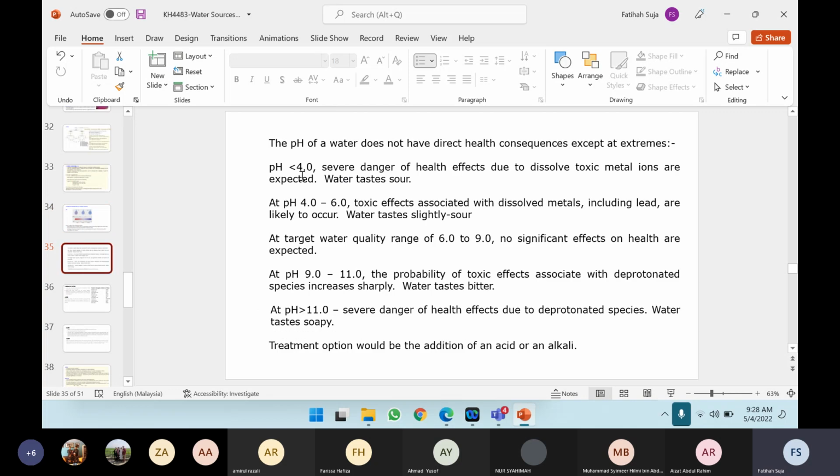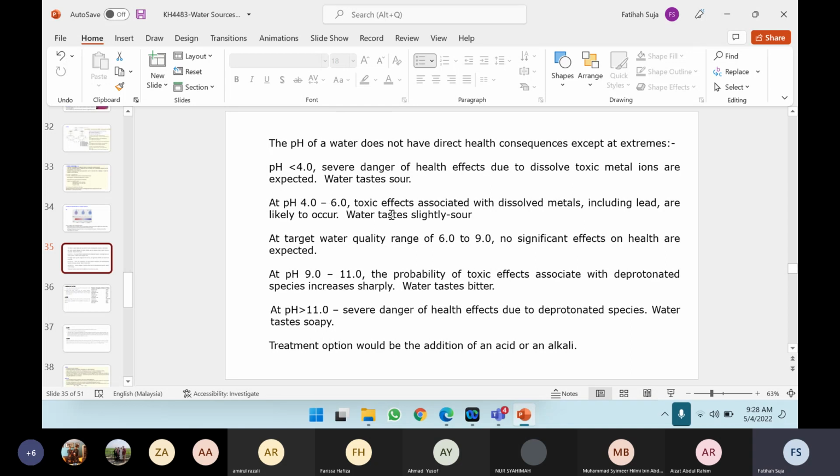So if you see that the pH is less than 4, you know that a severe danger of health effects due to dissolved toxic metal ions is expected. So usually the water tastes sour. So pH less than 4, it is very important that it needs to be increased or decreased.